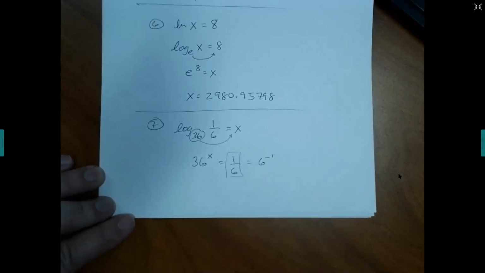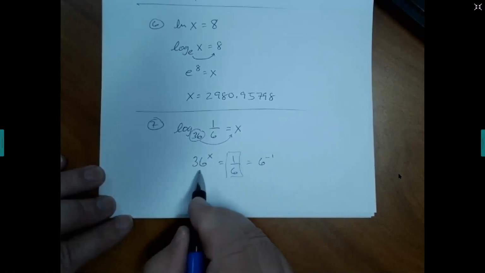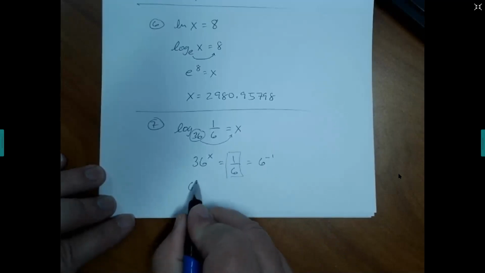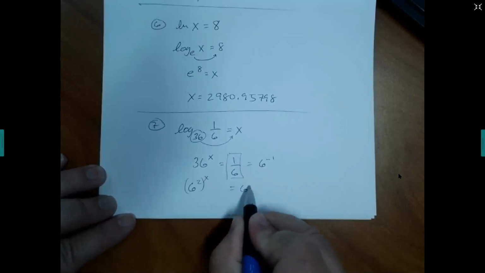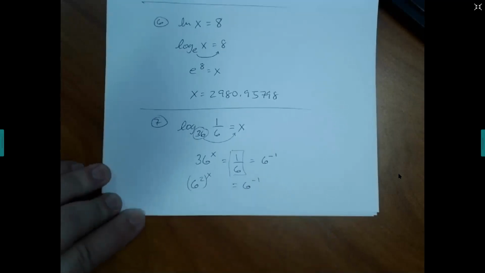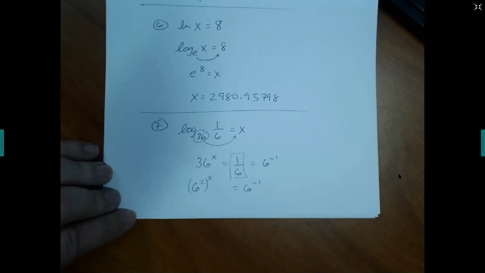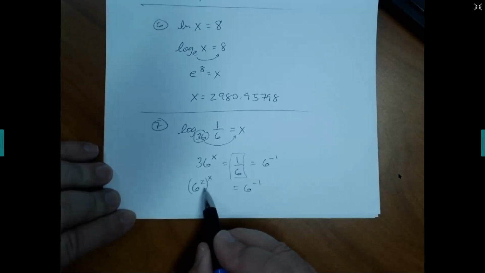So we want base 6. 36 is made up of 6 times 6, which is 6 squared, to the power x. Power to a power you multiply.